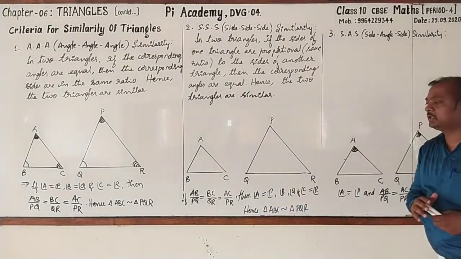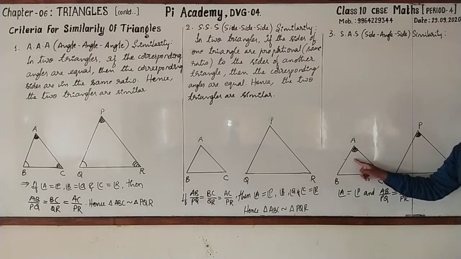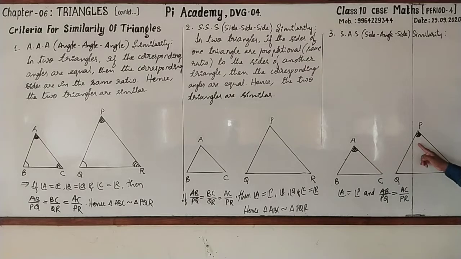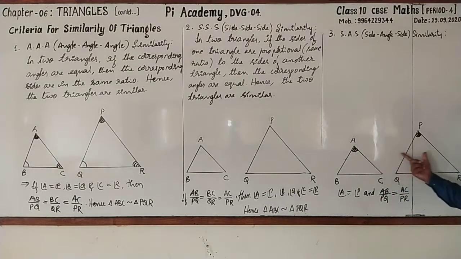Now, once I make the statement, listen carefully. In two triangles, if an angle of one triangle is equal to an angle of another triangle, then the sides including these angles are in the same ratio. Hence, you can say the two triangles are similar.